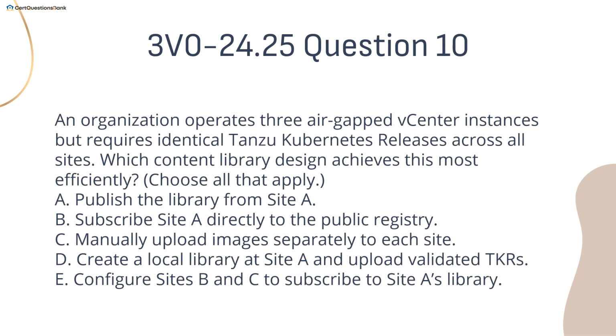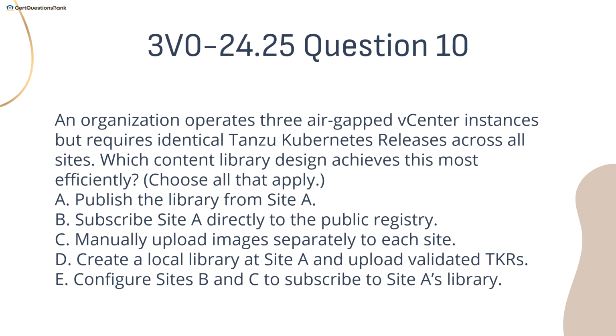An organization operates 3 air-gapped vCenter instances but requires identical Tanzu Kubernetes releases across all sites. Which content library design achieves this most efficiently? Choose all that apply.